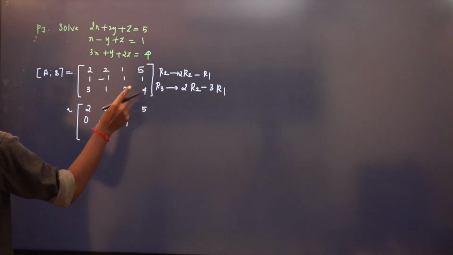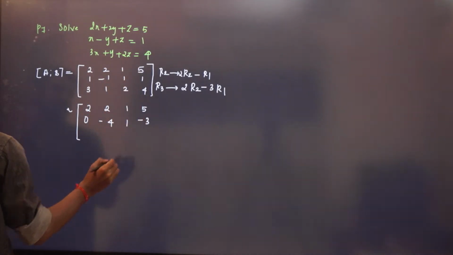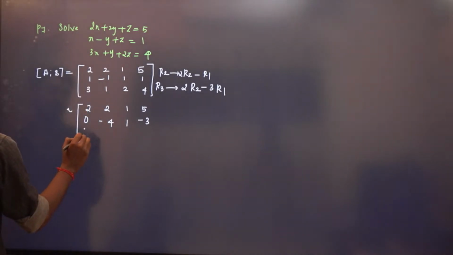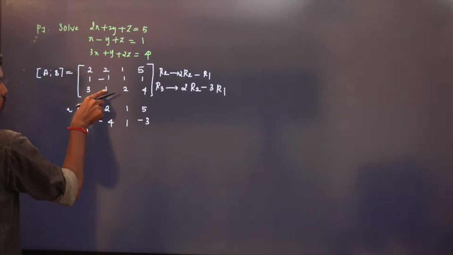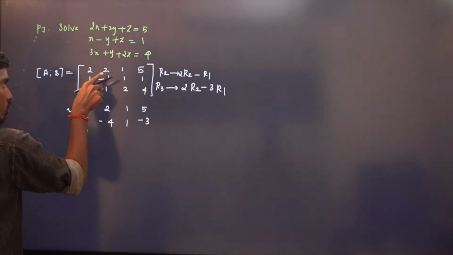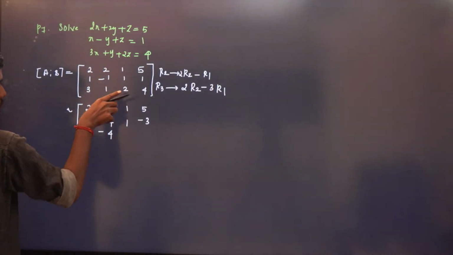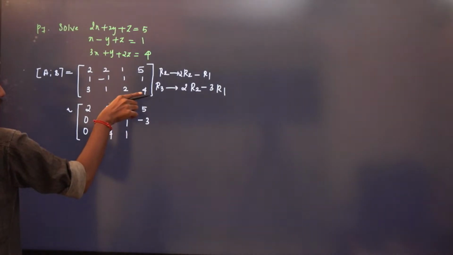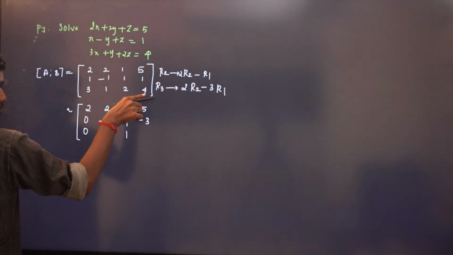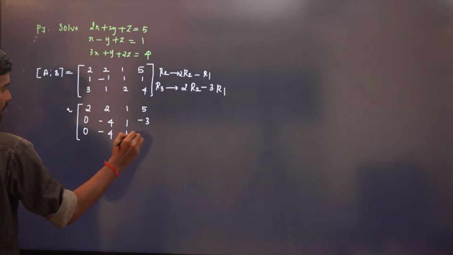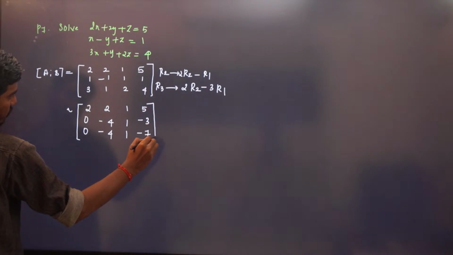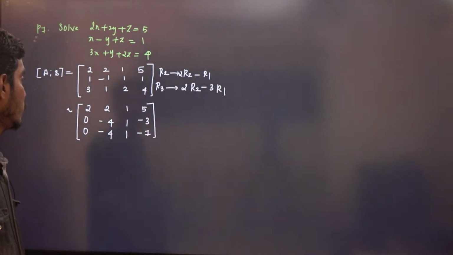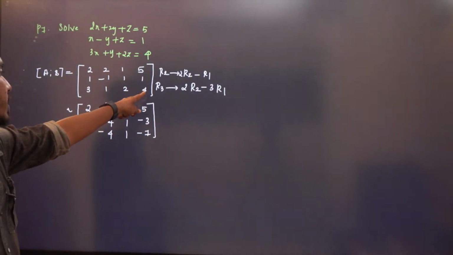Multiply 2, 2 minus 5 is minus 3. Multiply 2, multiply 3 and then subtract. So 2 minus 6 is minus 4. Multiply 2, 4. 4 minus 3 is 1. Multiply 2, it will be 8. 8 minus 15 is minus 7.